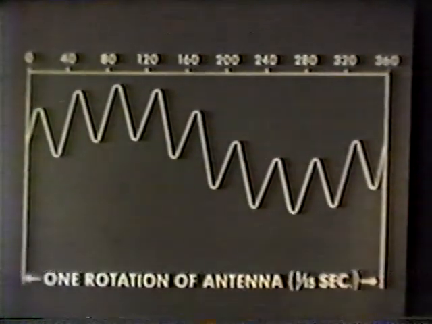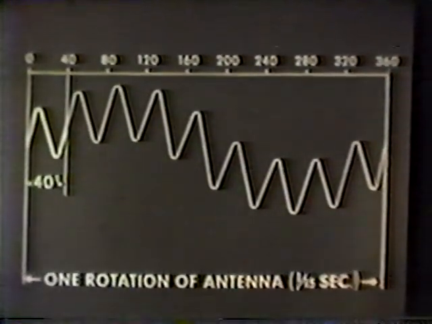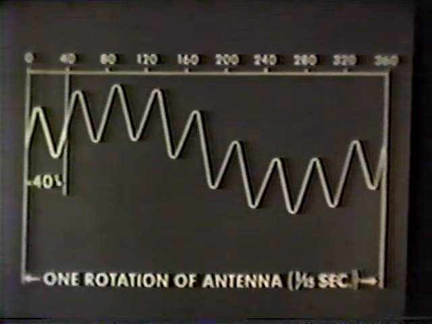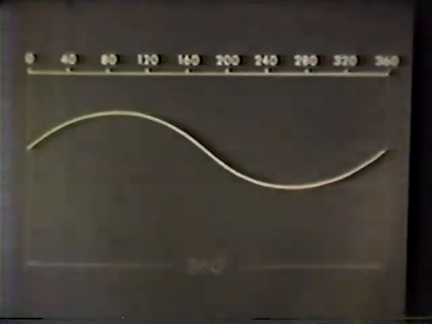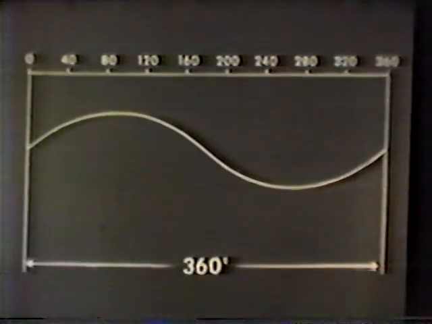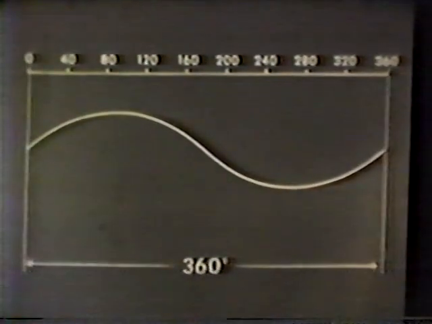With this 135-cycle modulation, we get a complete cycle of amplitude every 40 degrees of scale, whereas we get a complete cycle of amplitude every 360 degrees of scale with the 15-cycle modulation. In other words, by increasing the slope 9 to 1, the 135-cycle modulation in effect expands the scale, increasing the accuracy 9 to 1.